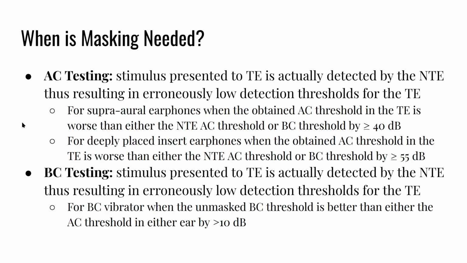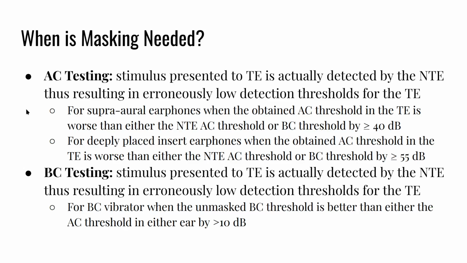So let's shift gears and talk for a moment about when masking is needed. When we need to mask, the if-then condition followed by the practical rule. For air conduction testing, the stimulus presented to the test ear is actually detected by the non-test ear, thus resulting in erroneously low detection thresholds for the test ear.